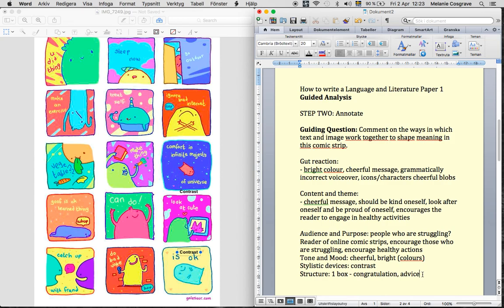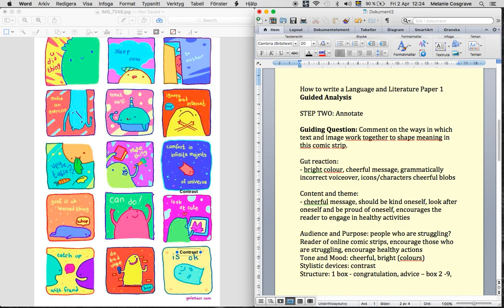Vegetable would be a suggestion. But I will include it in advice, so that will be boxes 2 to make things advice, and comfort in infinite majesty of universe is also advice, so that is boxes 2 to 9 would be advice.